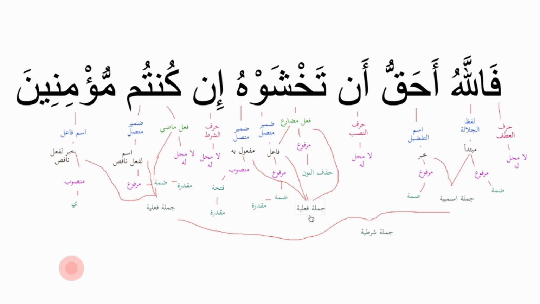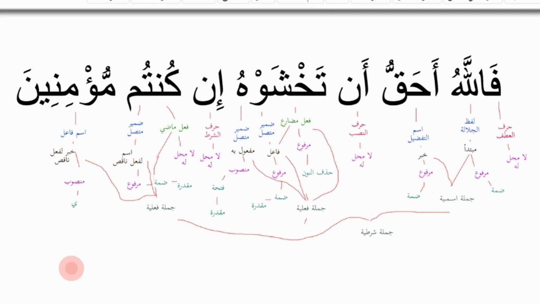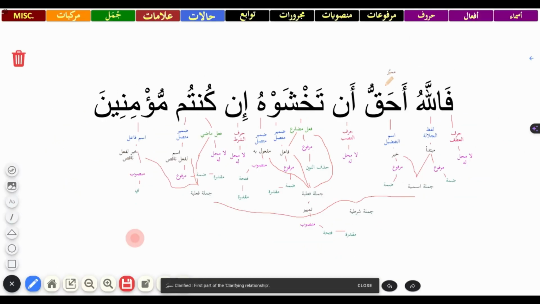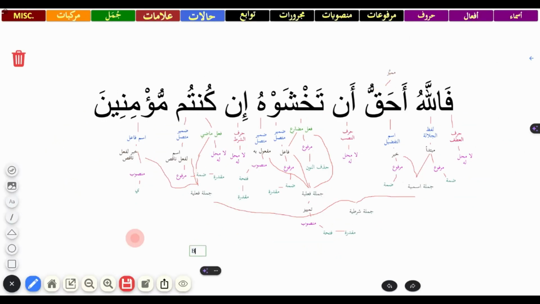Then the verbal sentence أن تخشوه, that jumla fi'aliyah, it takes the role of tamyiz in the state of nasb mansub, and the expression of nasb here is a fatha muqaddara because this is a sentence. And what is the mumayyaz for this tamyiz? It is the noun ahaqqu, and the meaning there is, but Allah has more right that you should fear him if you are truly believers.